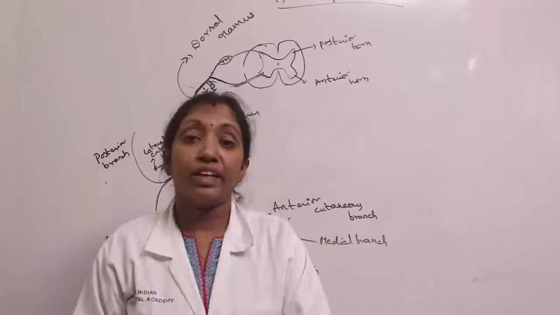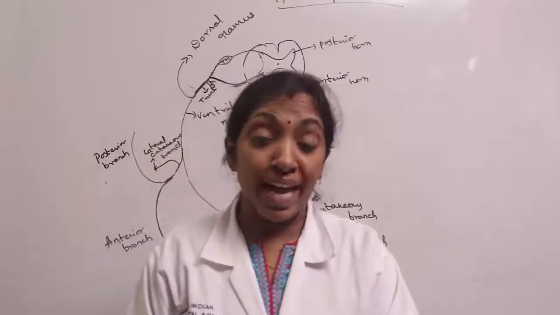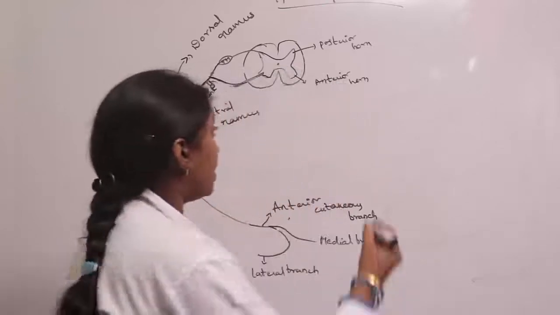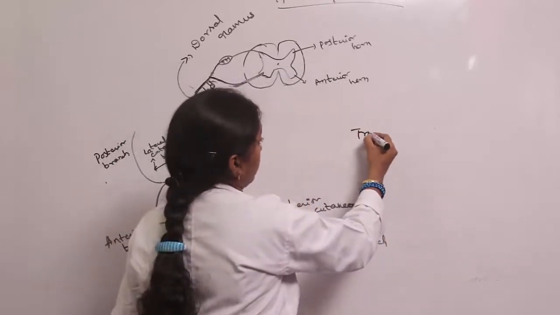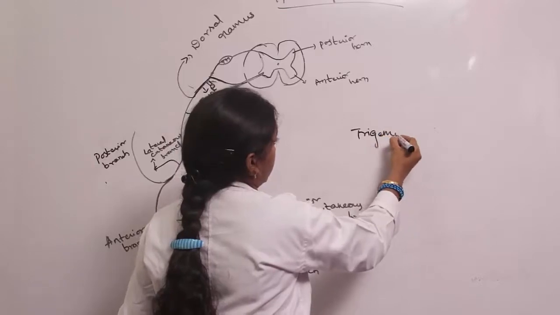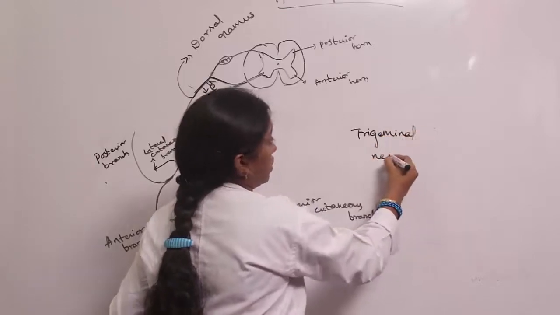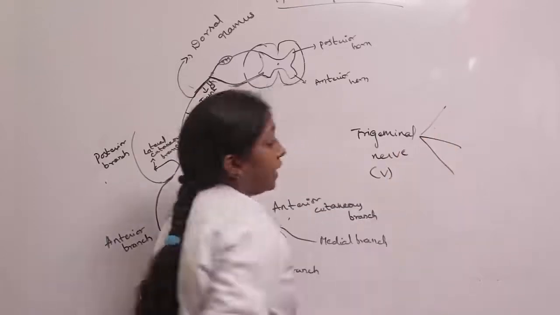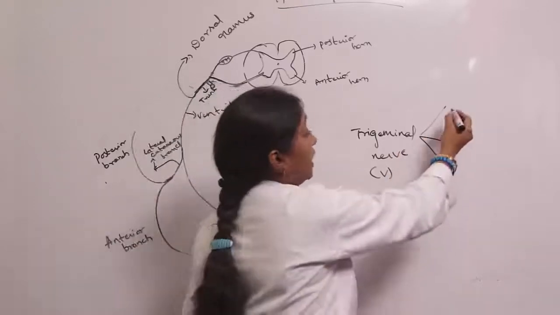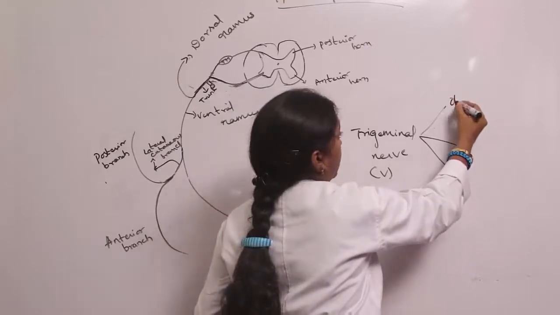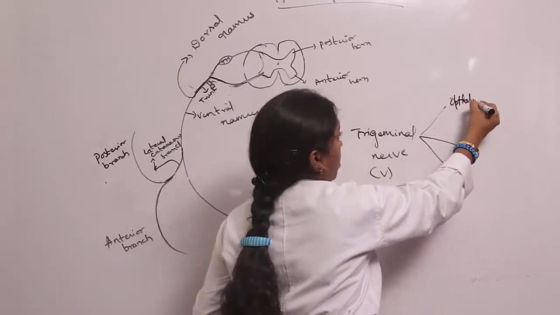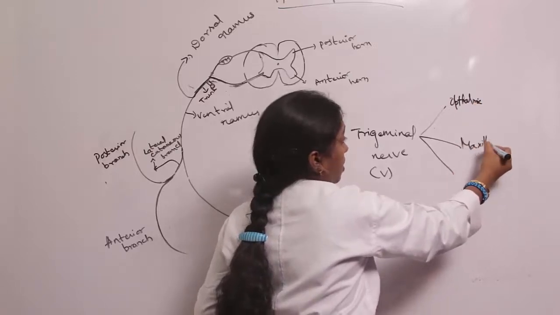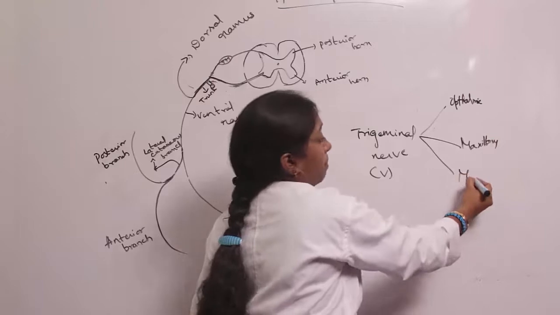And the zygomaticotemporal nerve is a branch from the maxillary division of the trigeminal nerve, because we know that the trigeminal nerve is the fifth cranial nerve. It divides into 3 divisions: one is ophthalmic, maxillary, and mandibular.